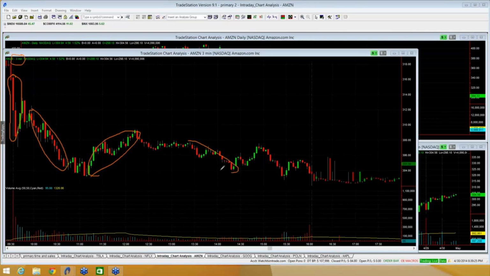Then it gave a nice steady move back down. Just a lot of nice solid movement after a lot of range action within the first few minutes of the day. So in other words, a wide range early on translated to good range throughout the entire course of the day.